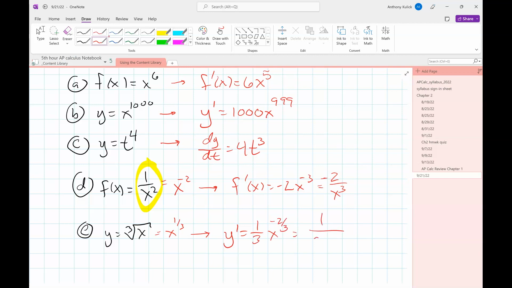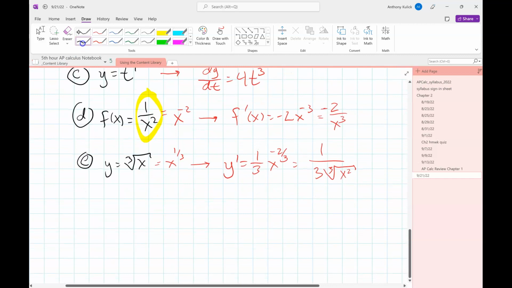Or we could just write that as 1 over 3x, and then maybe, because 1/3 minus 1 is negative 2/3. What do you think about that?